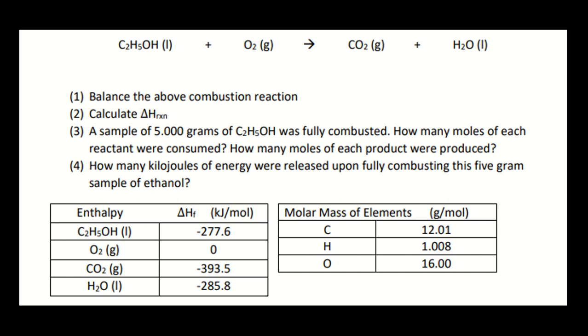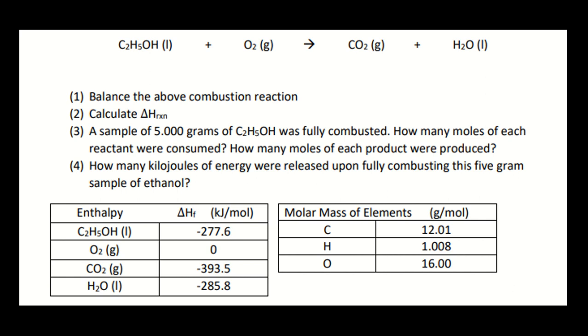necessary reagents. Of the questions we're going to be looking at, we're just going to need to balance our combustion reaction first, no matter what. Then we'll calculate the heat of reaction or the enthalpy of this entire reaction every time it occurs at least 1 mole of it. Then we'll calculate from 5 grams of ethanol combusted in this particular reaction.